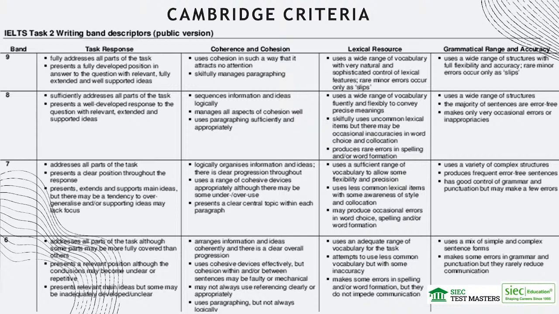But see, I wanted to tell you something which I was repeating again and again, that I was saying don't dishearten yourself. Now, I want to give you a quick review of it. See, if you are good in any of these four criteria, let's say you're good at two, task response and coherence devices, right? Let's say you score 9 and 9 in both of these.